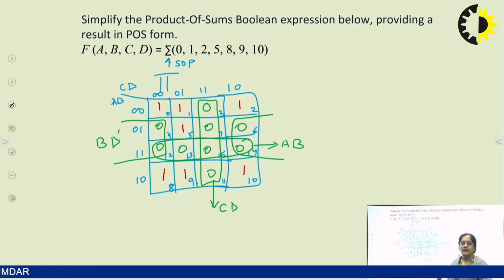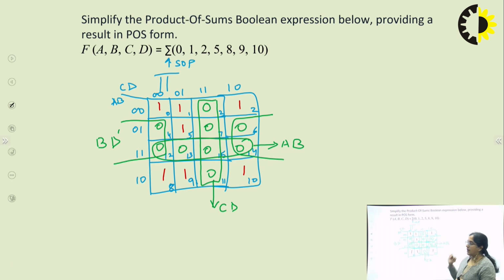So when we write the expression, it is in the SOP form. But the question is, we have to write it in POS form. So when we convert SOP into POS, what do we have to do? We complement it and change ANDing to ORing, and if it is ORing, we make it ANDing. So here A and B we can write as A dash plus B dash.